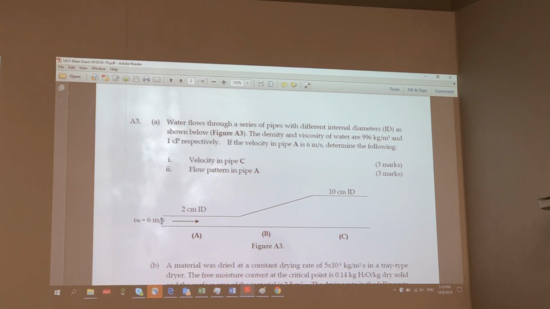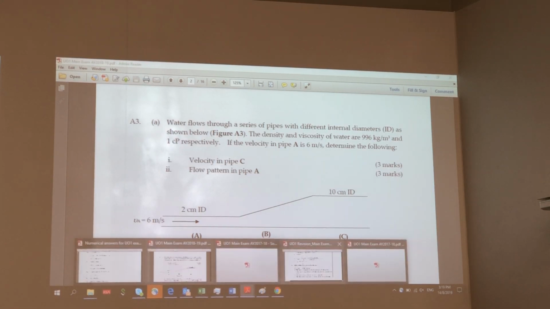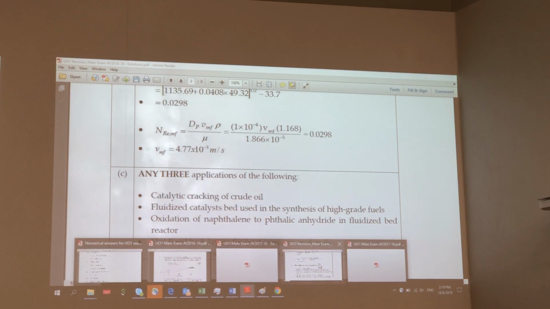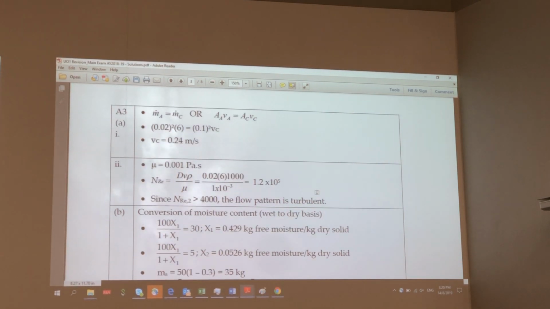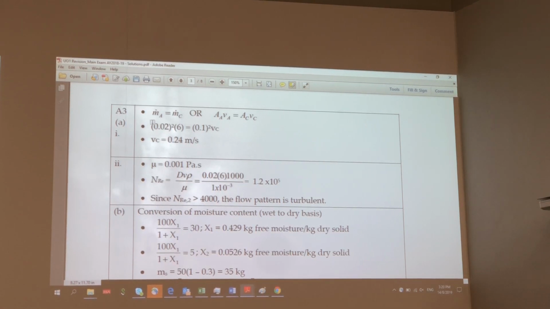Continuity equation, yes. Okay? So actually it doesn't matter, although you don't know the B, but A should equal to C, right? Mass flow rate. Okay? So try to apply the continuity equation. So anyway, mass flow rate in A should equal to mass flow rate in C. Right?